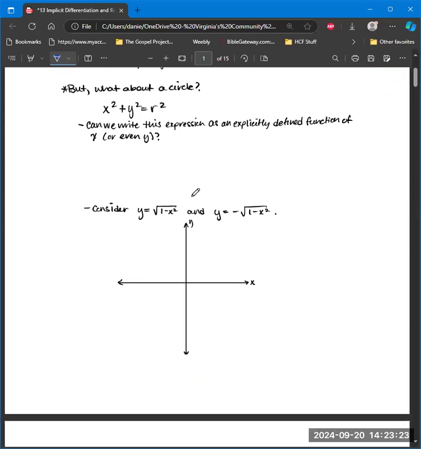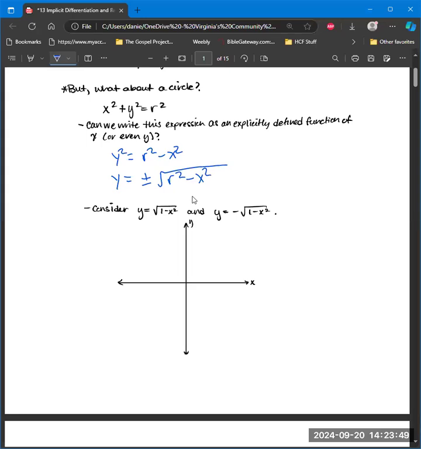So what about something like a circle? We can't get all of the y's apart from the x's here. We can try, but if we rewrite this expression, we get something like y squared is equal to r squared minus x squared. And then when we take the square root, y equals plus or minus the square root of r squared minus x squared. And that's not a function.